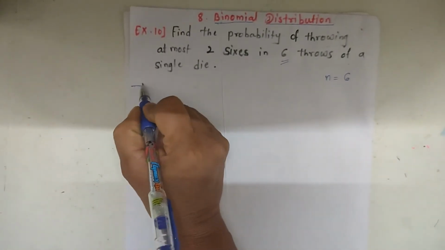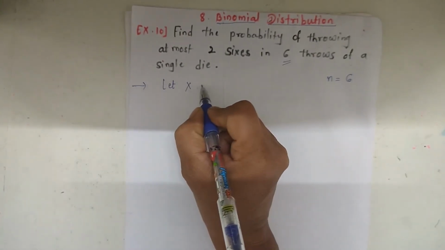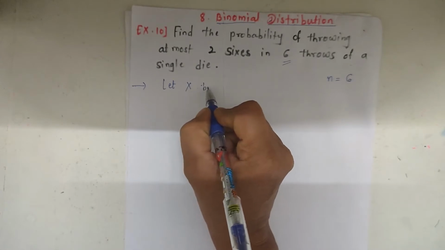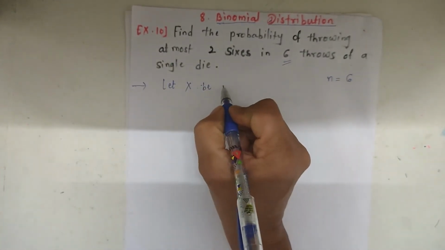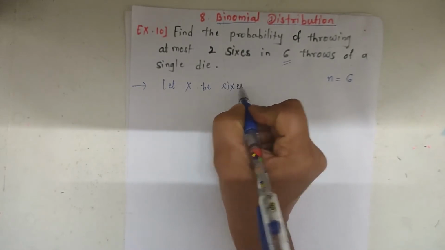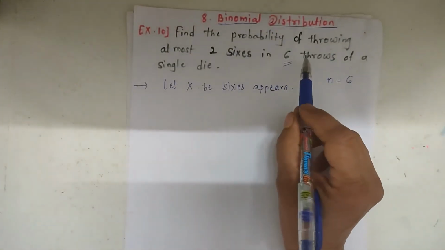Here we have to consider x. Here x is the number of times 6 appears.